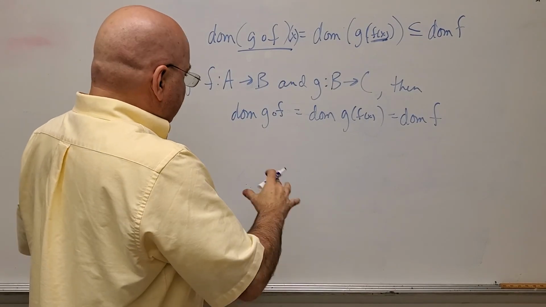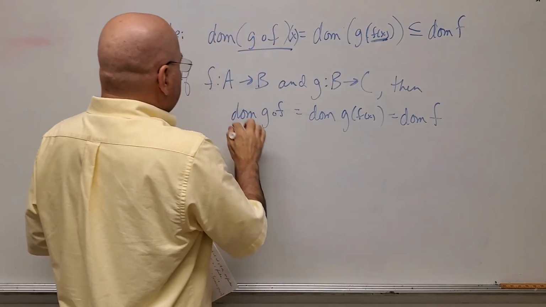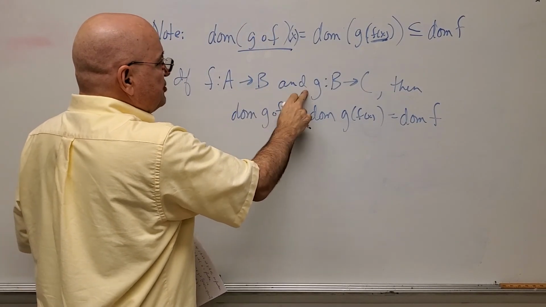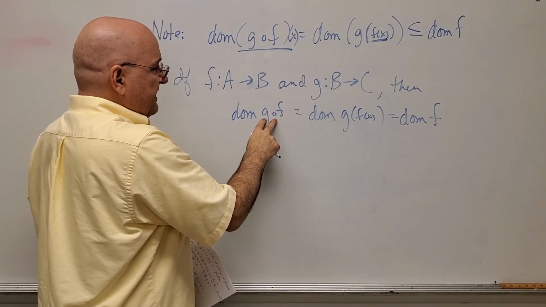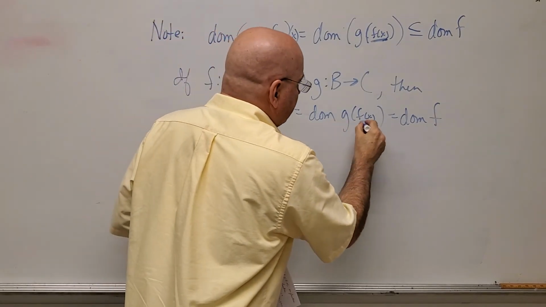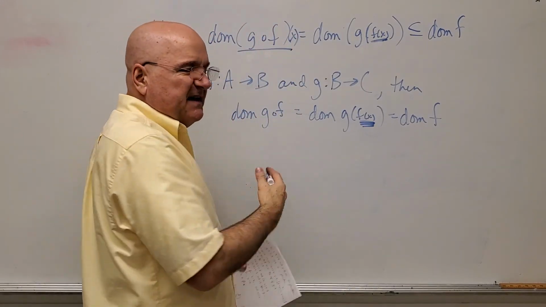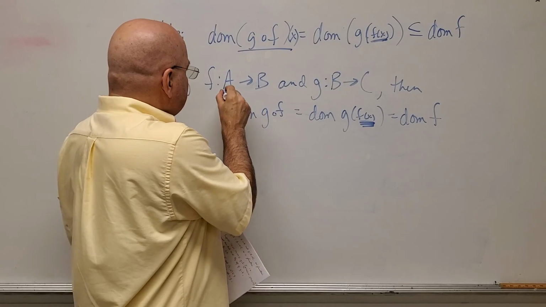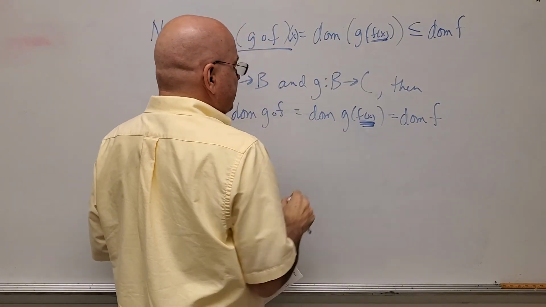But I've drawn that picture before, A into B into C. If we know f maps A into B and g maps B into C, then we're able to say that the domain of g composed with f is actually the domain of the function f. So you can plug every value in this set A into this new function, g of f of x.